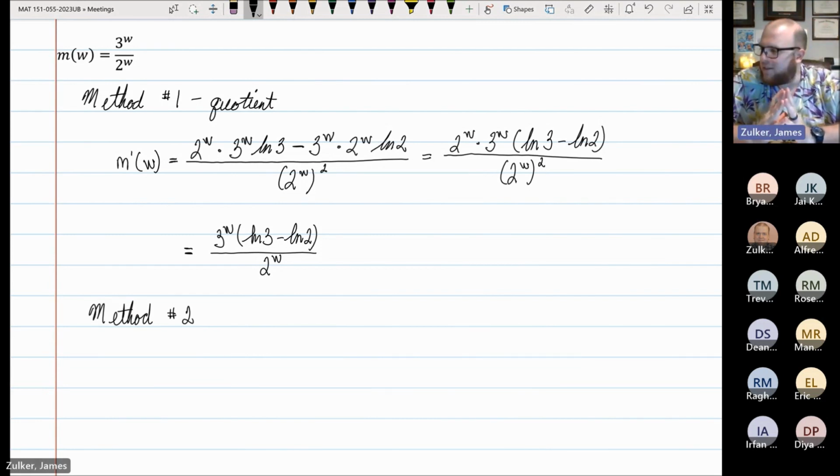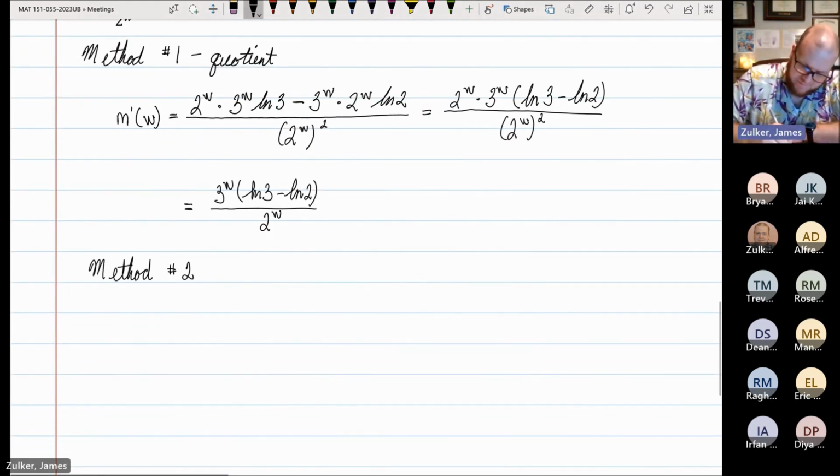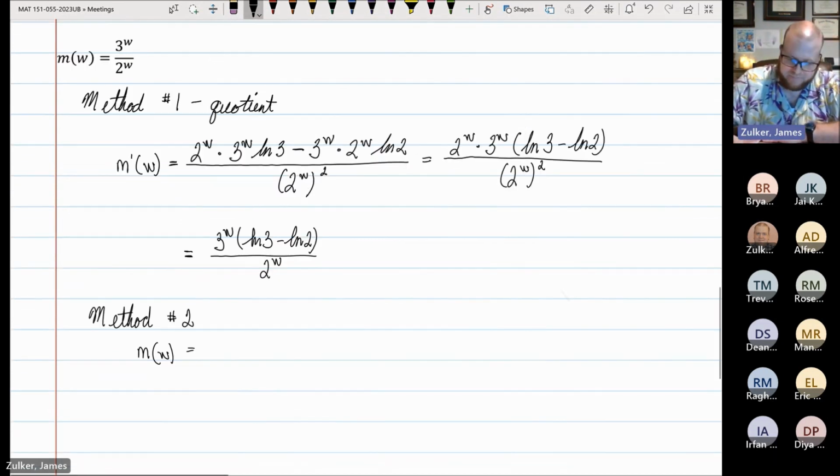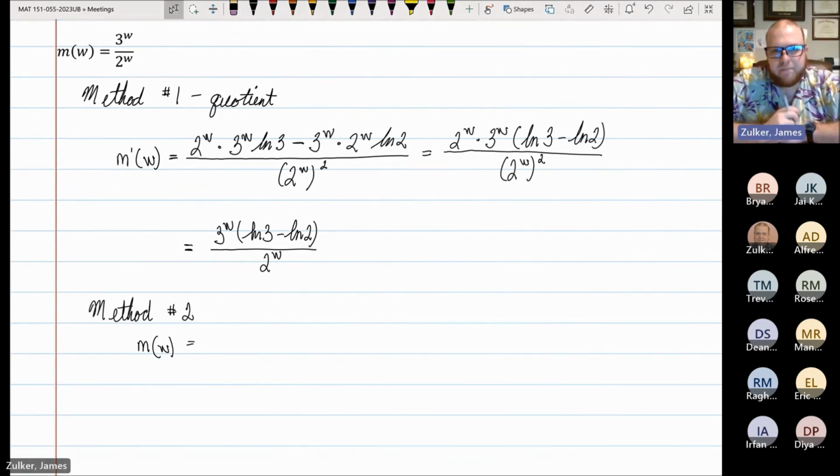The second way is you could look at this and go, as was mentioned, oh, this is an exponential function. Then you just have to answer what base it is. Well, you had laws of exponents, laws of logarithms.